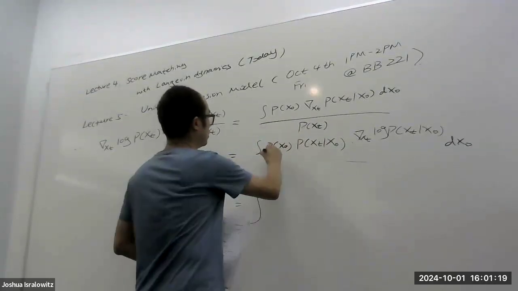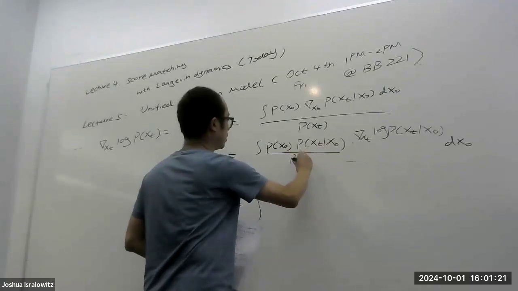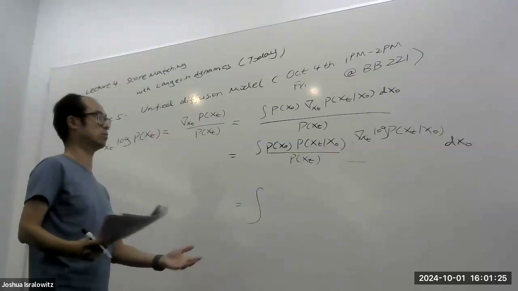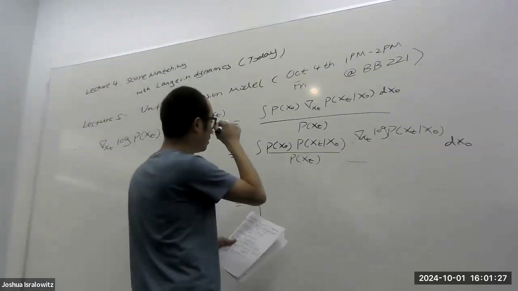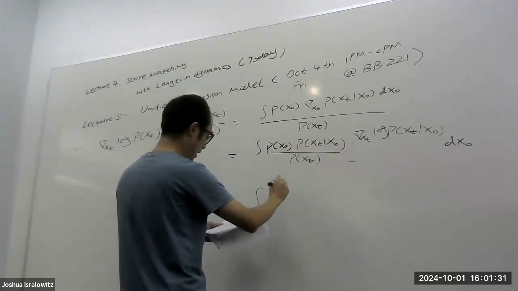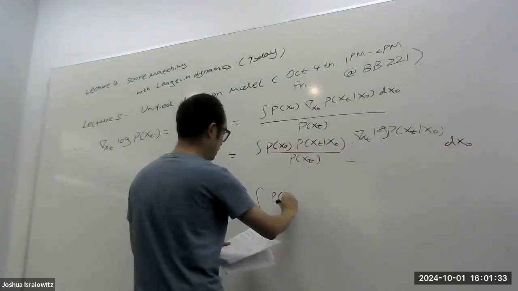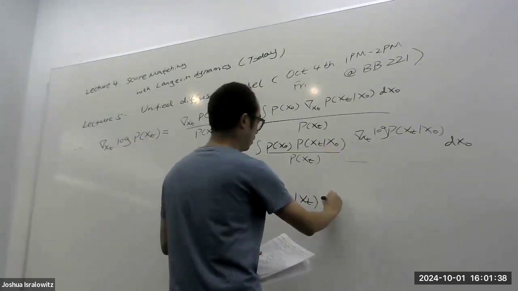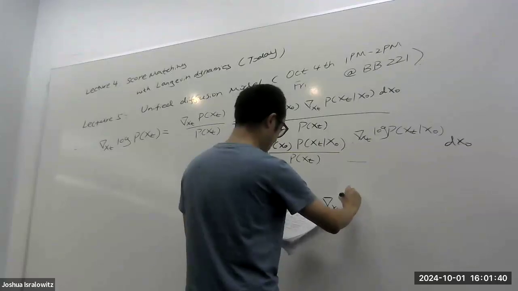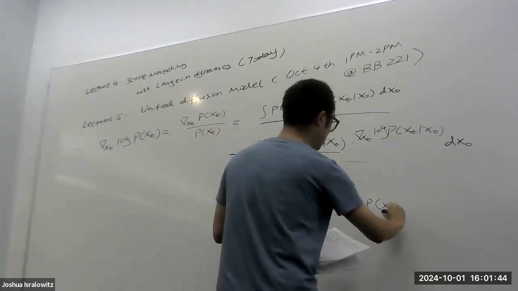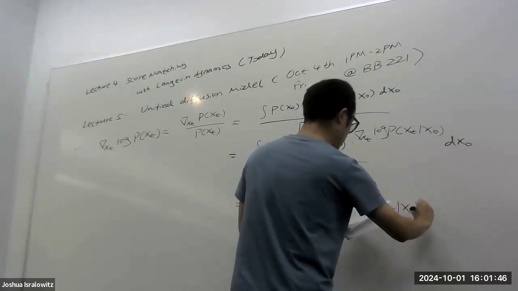This is p of xt. If you look at this closely, this is nothing but Bayes' rule. And you can basically flip this to x0 given xt, and the gradient of xt log of p of xt given x0, dx0.